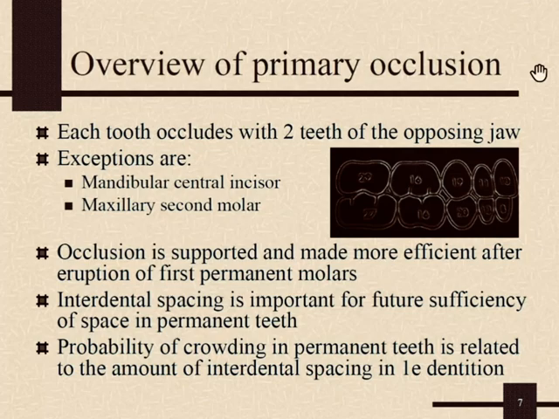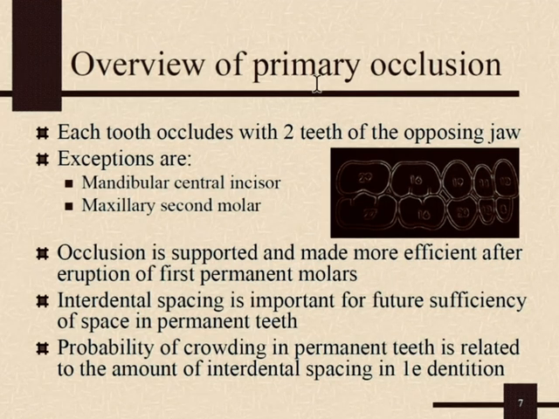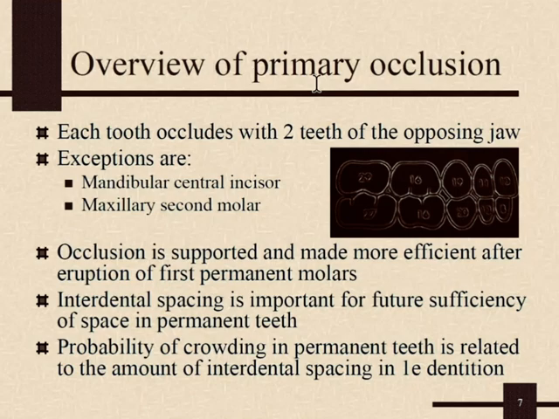Now we'll give a quick overview of the primary occlusion so that you will know the characteristics and features of this stage. Each tooth will occlude with 2 teeth of the opposing jaw, and this is natural in all types of occlusion, except we have 2 exceptions in the primary dentition.